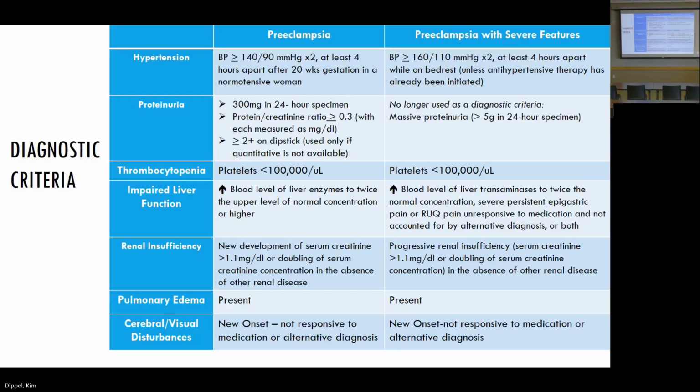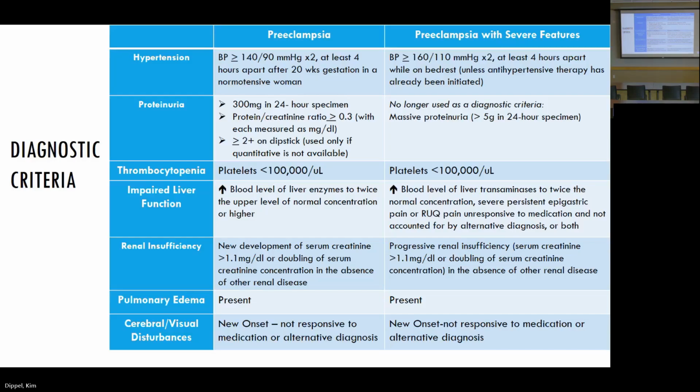So in preeclampsia, it's a new development of serum creatinine that's greater than 1.1 milligrams, in the absence of any other type of renal disease. And then for preeclampsia with severe features, we're looking at that serum creatinine, but we're also looking at progressive renal insufficiency.